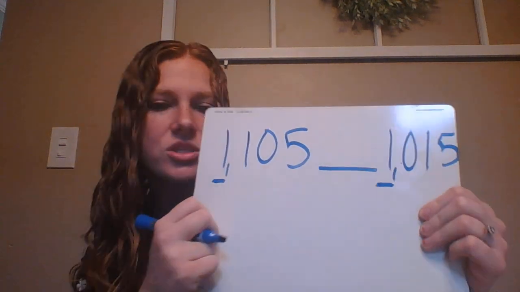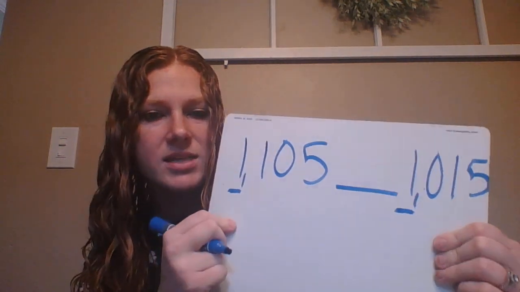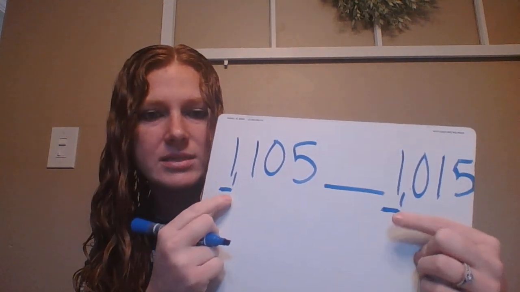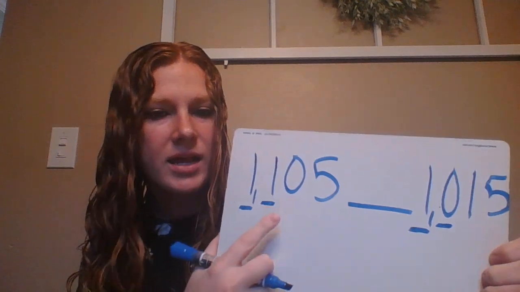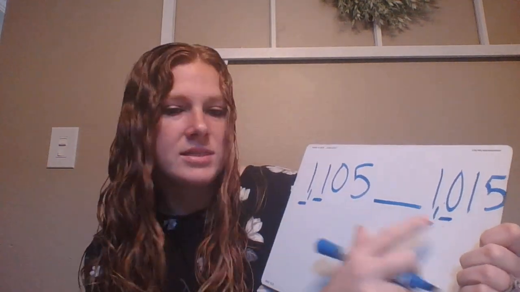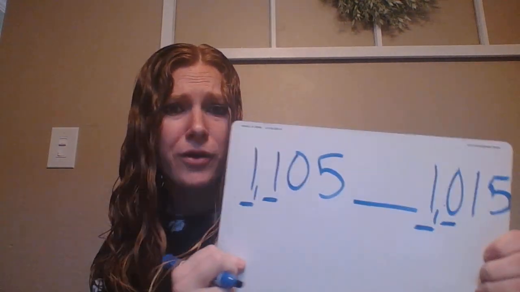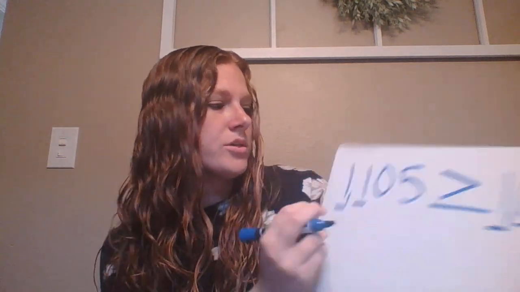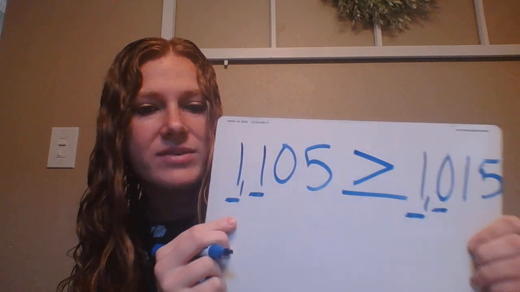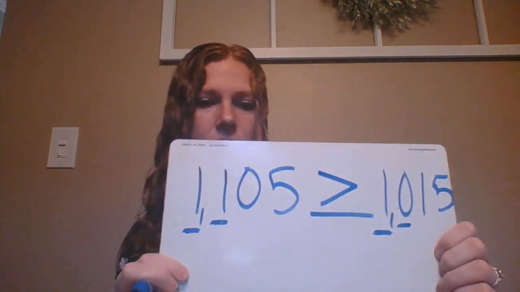Once again, I can't just assume that they're the same because the biggest digit is the same. I have to look to the right, which is the hundreds place, and I have a 1 and a 0. Which one's bigger, 1 or 0? We know that is 1. So 1,105 is actually the bigger number. Alright, let's move on to the next one.